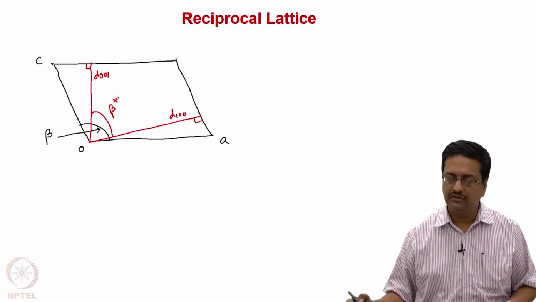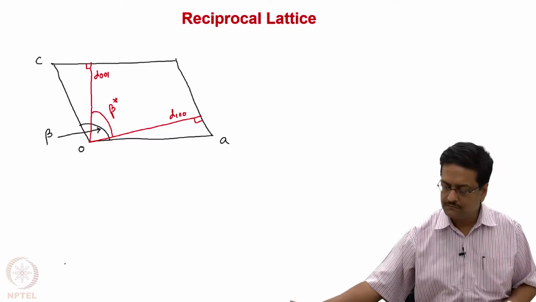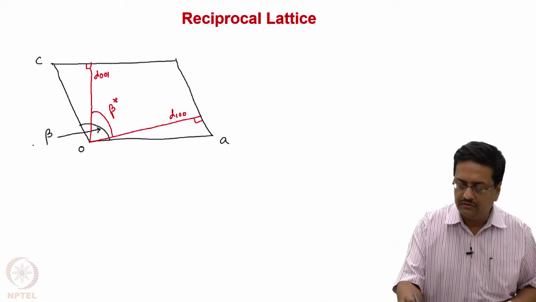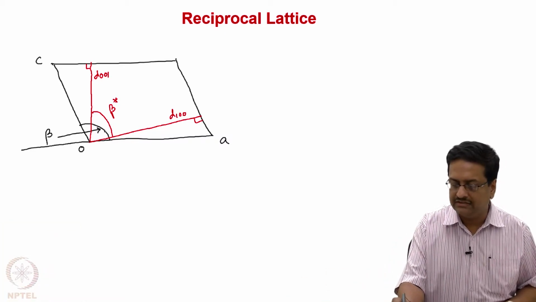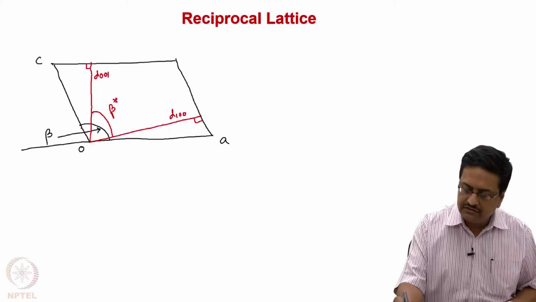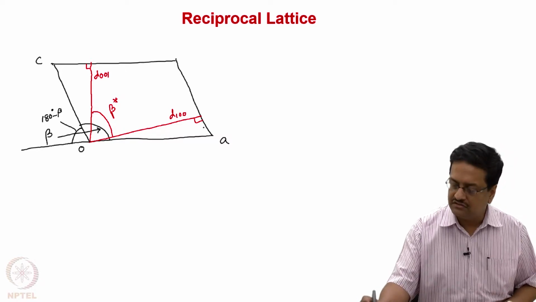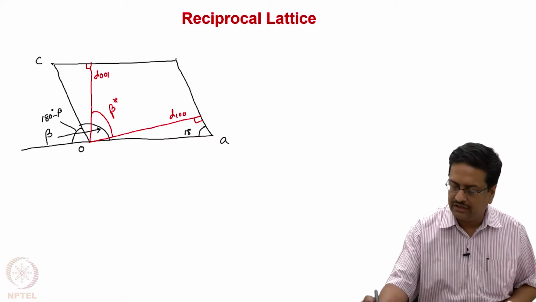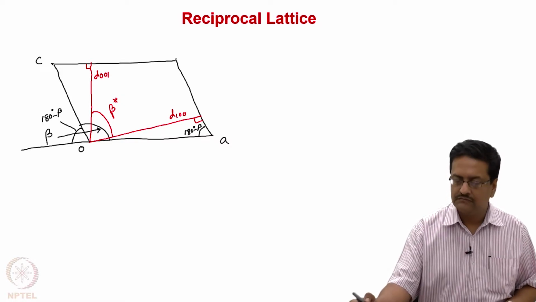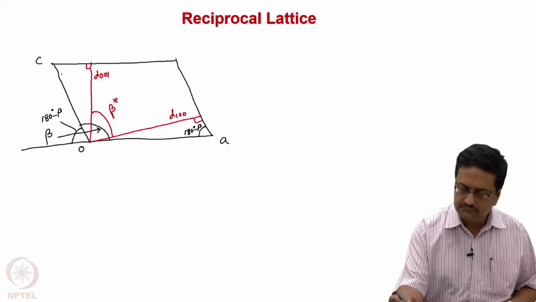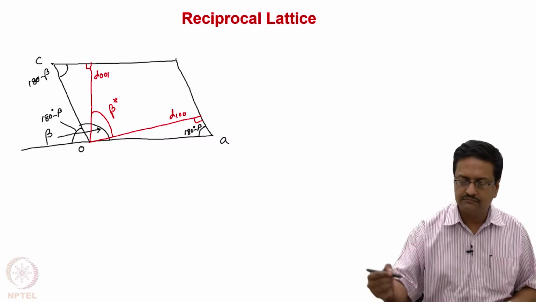So now if the angle on that other side is beta, then the angle here is 180 degree minus beta, which is the same as this angle 180 degree minus beta, and this angle is also 180 minus beta.